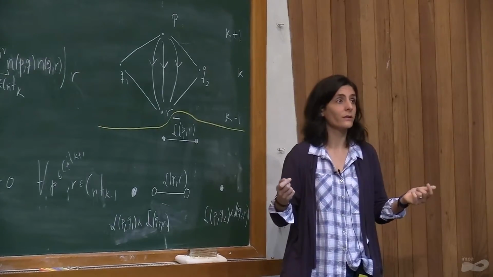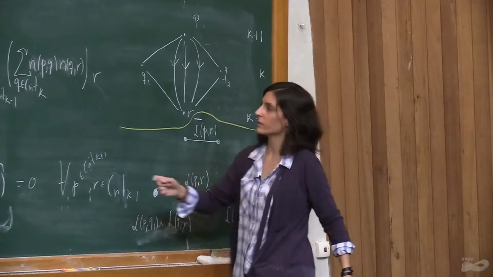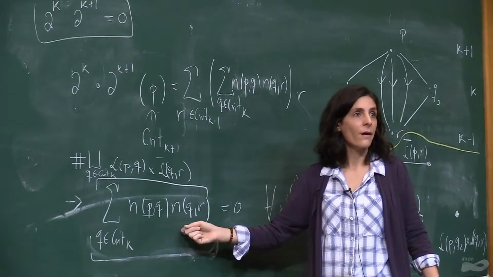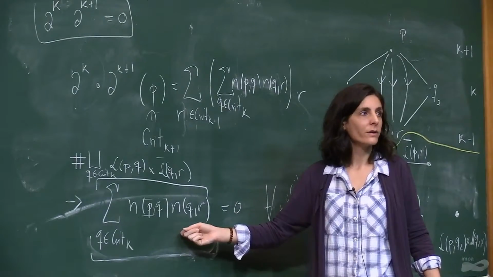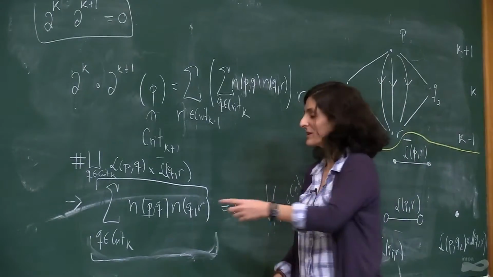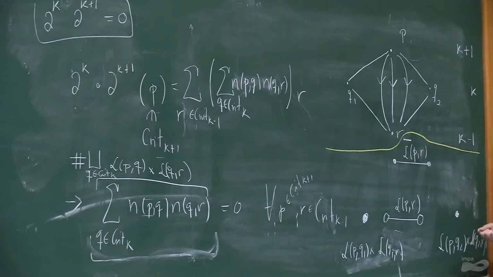So when you count these points here, you'll get 0 mod 2. The idea should convince you that this is 0. I'm counting endpoints of one-dimensional compact manifolds, and so mod 2, this is 0, because they're all even.